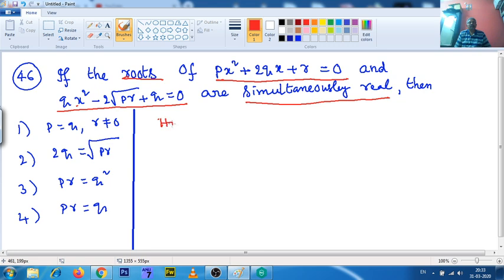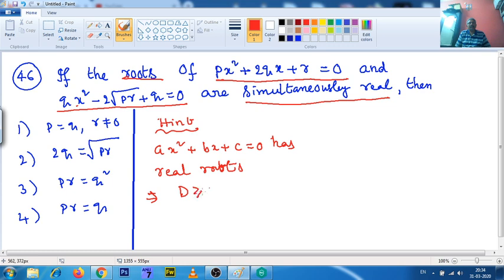You remember one thing: for example, ax square plus bx plus c equals 0 has real roots. That implies D must be greater than or equal to 0, that means b square minus 4ac greater than or equal to 0. This is the concept behind this question.